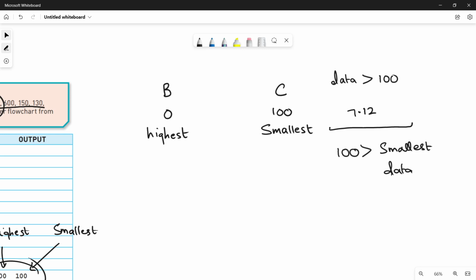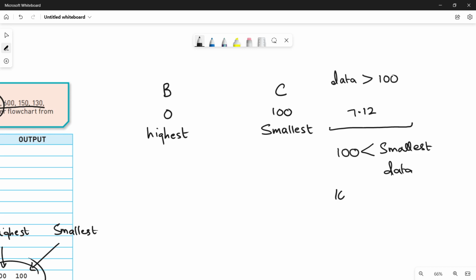Sorry, I need to change this sign. So 100 is less than the smallest data that we have. That's why the variable C can never be modified, because C already has a value that is even smaller than your test data's smallest value.